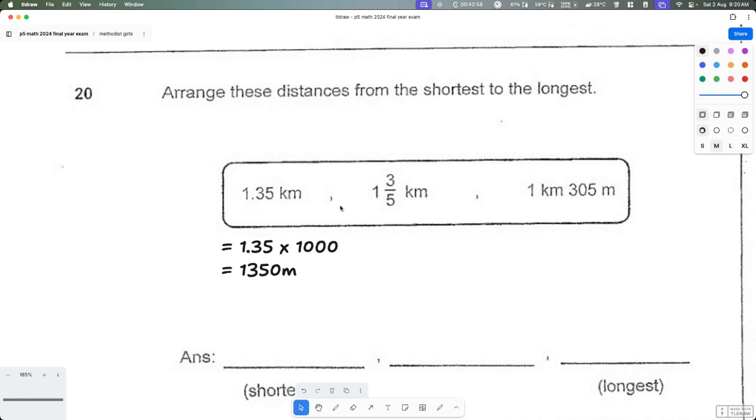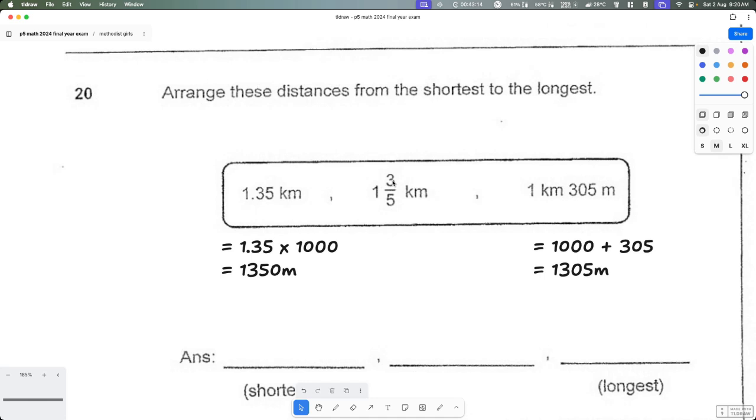Let's convert all into meters. Then, 1 km is 1000, plus 305. This will give us 1305 meters.